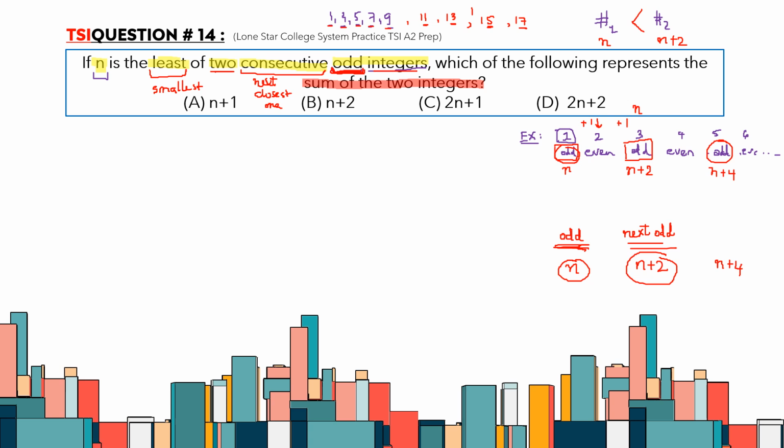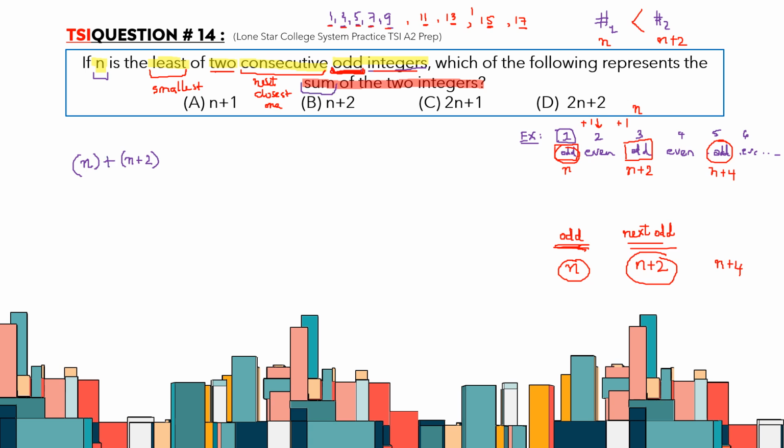Now all of the keywords have been explained. We just find the sum of the two integers. So if n is the first integer, the next odd integer next to it will be n plus 2, right? And we said that we need to find the sum. Sum means addition.